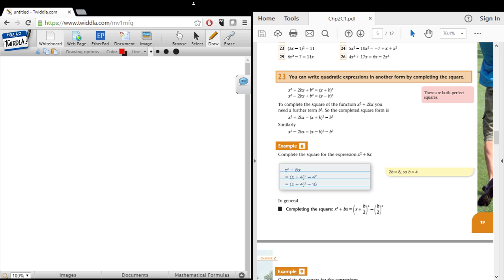So let me just show you another example. So if we had x squared plus 16x, then all we need to do is, let's think about the form x squared plus 2bx plus b squared, which is going to equal x plus b squared.